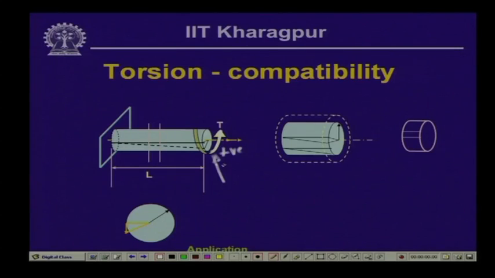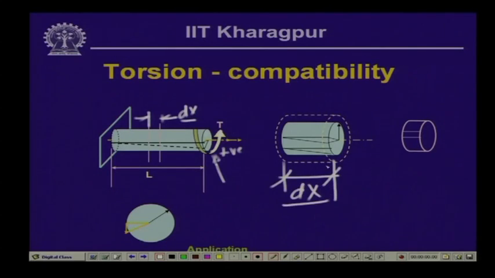Now, when this twisting moment is acted on this particular bar, we had looked into a portion of the bar which is of length dx, and this is the part of that whole bar.